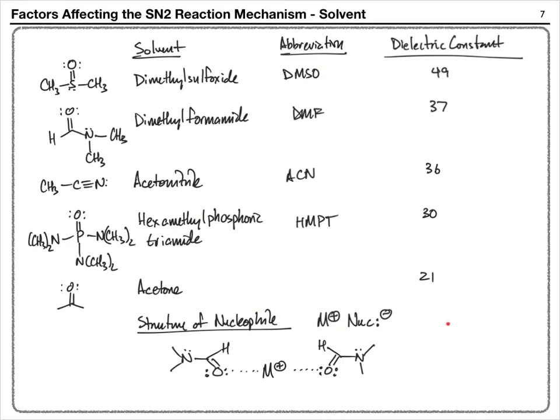It frees up the nucleophile to attack. So these solvents help to solvate the metal cation, allowing the nucleophile to participate. So we are seeking solvation through polar aprotic solvents. Is that clear for everyone?